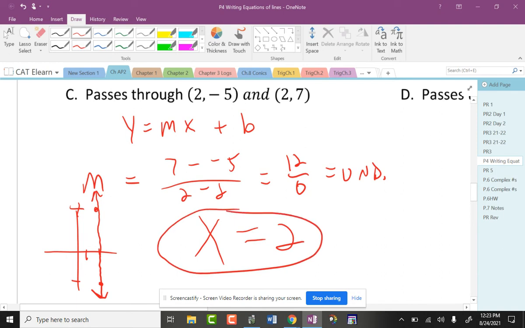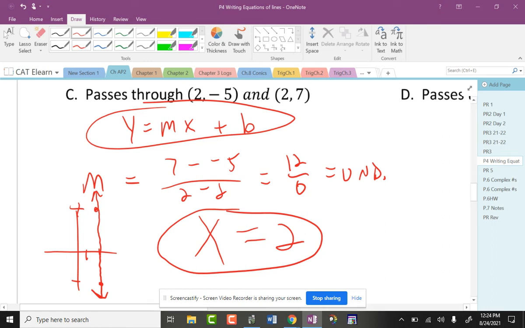The equation of a vertical line is always x equals a number. This is just going to have to be memorization. There is no plugging into this. This doesn't work anymore when you get a slope that's undefined. You just need to know that vertical lines are x equals numbers. By the way, what are horizontal lines then? What do you think? Y equals, and I can explain that one.